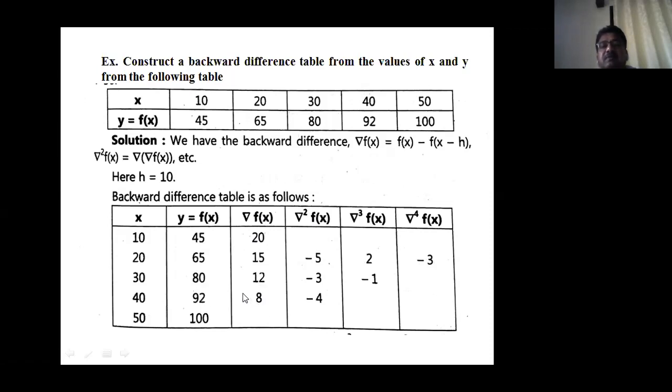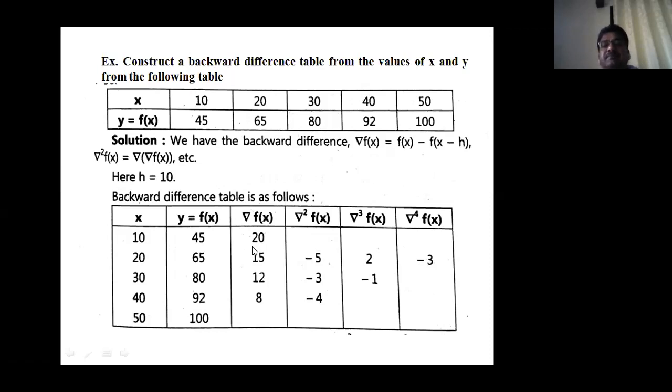That is the procedure of preparing the backward difference table and forward difference table. Both are the same. Just write delta in a forward difference table, and del in the backward difference table. So this is the backward difference table.